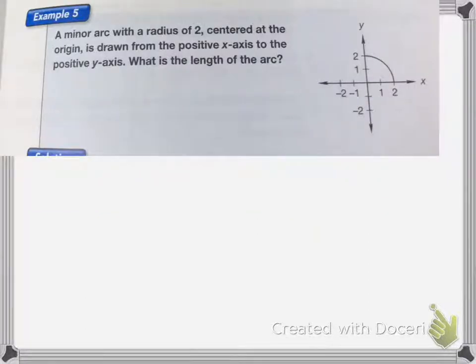Okay. On this one we have a minor arc with a radius of 2, centered on the origin, drawn from the positive x-axis to the positive y-axis. What is the length of the arc? So a minor arc has to be less than 180 degrees. We see that this arc is 1/4 of a circle, which is equal to 90 degrees.